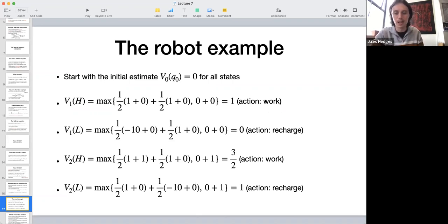And at each stage, we can also report the action that was chosen. Each one of the two choices that we're taking the maximum of corresponds to one of the two actions we could take. The first one is the work action, the second one is the recharge action. So here we see that in the high state, we're always taking the work action. In the low state, we're always taking the recharge action.